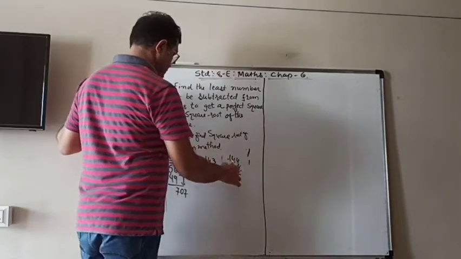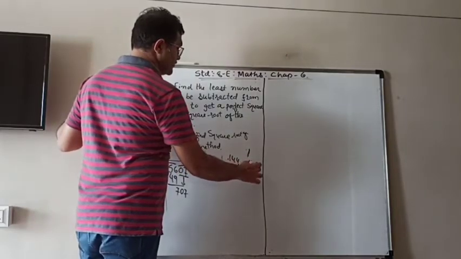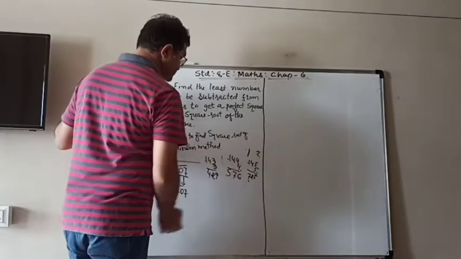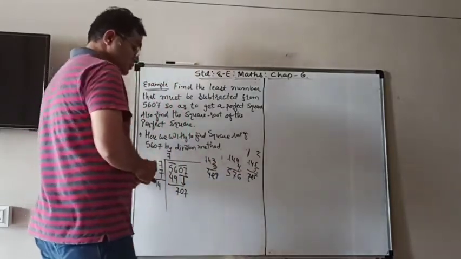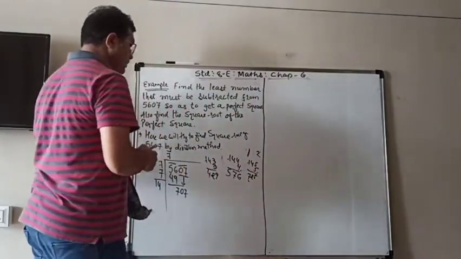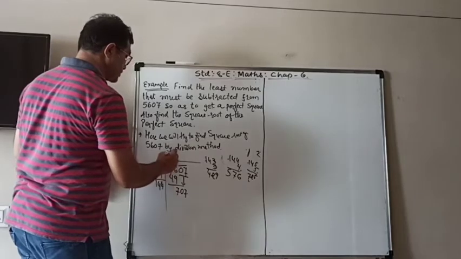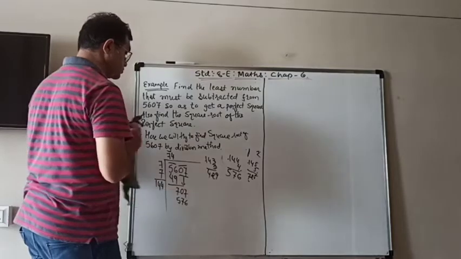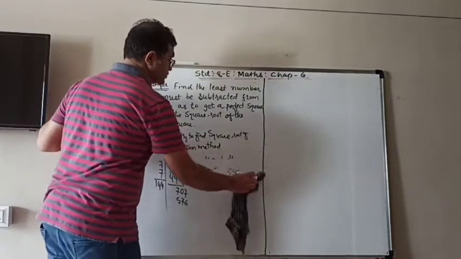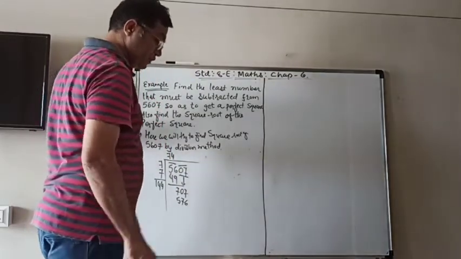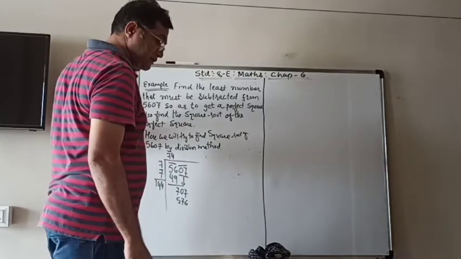Check 145. 5 fives are 25, 5 fours are 20 plus 2 is 22, 5 ones are 5 plus 2, 7. Now 725 is exceeding 707. So we can't take that, so we have to take 144 times 4, which is 576.